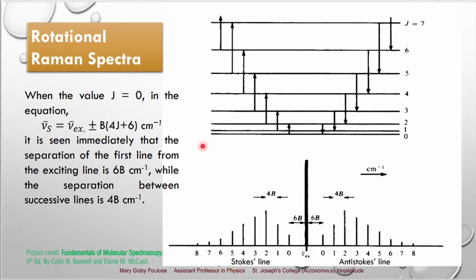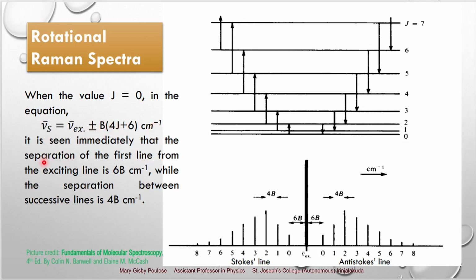So if nu bar S is equal to nu bar of the exciting radiation, this represents the Rayleigh line. For the other lines, first let us give the value j equal to 0 in this equation. So what we get is nu bar of S is equal to nu bar of the exciting radiation plus or minus, this term becomes 0, we get 6B.